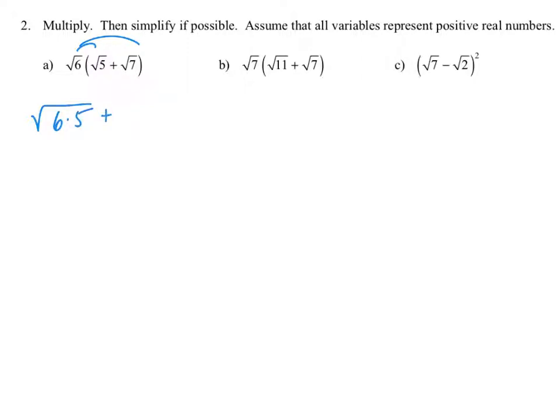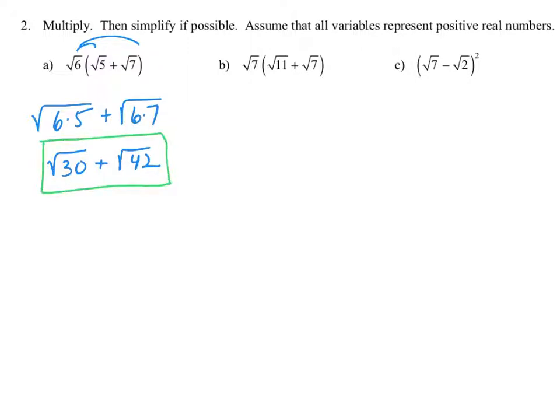And then the square root of 6 times the square root of 7 is the square root of 6 times 7. So this we can write as the square root of 30 plus the square root of 42. Now neither of those can be simplified, so our final answer is the square root of 30 plus the square root of 42. We cannot combine those because they're not like terms.